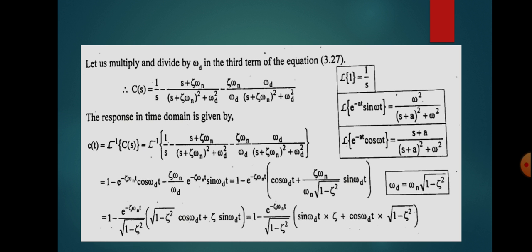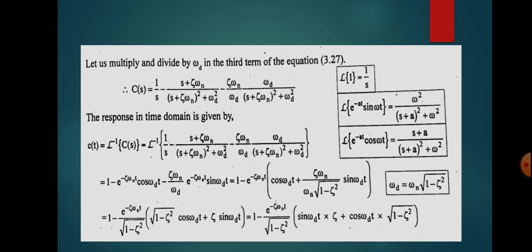Similarly, the next term is δωn divided by (s + δωn)² + ωd². Here ωd and ωd are multiplied in the numerator and denominator, and the denominator again contains (s + δωn)² + ωd².